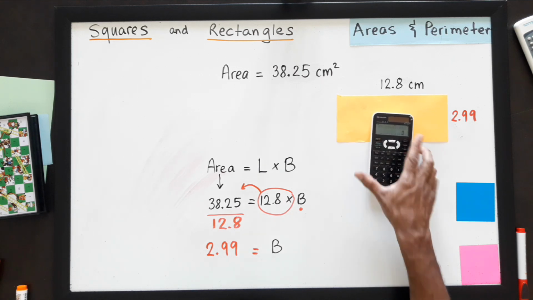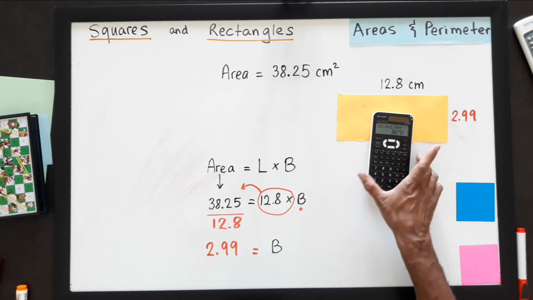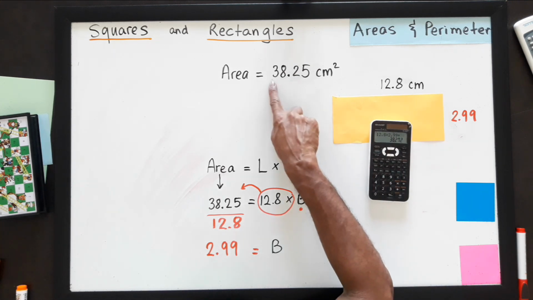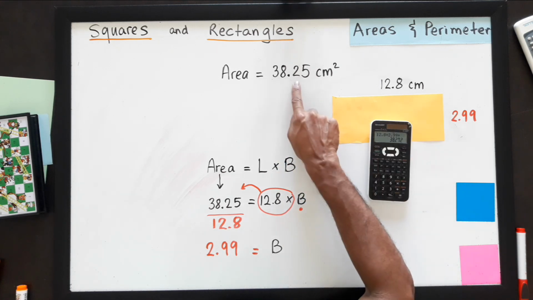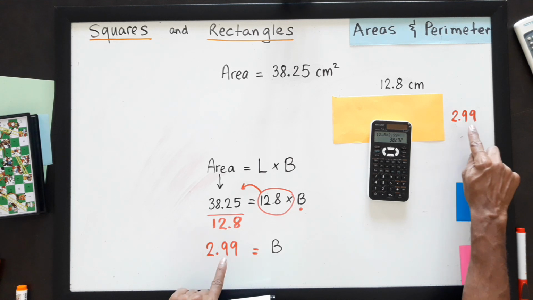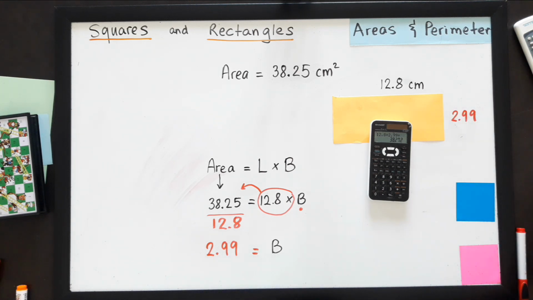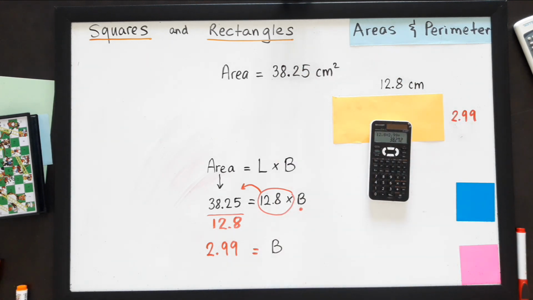So let's try it. 12.8 multiplied by 2.99, and we get 38.27. Very close to the 38.25. The only reason this answer is different is because we rounded off the answer for the breadth. If we had used the entire answer and said length by breadth, we would have gotten exactly 38.25.